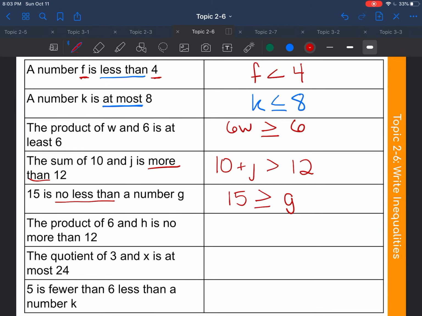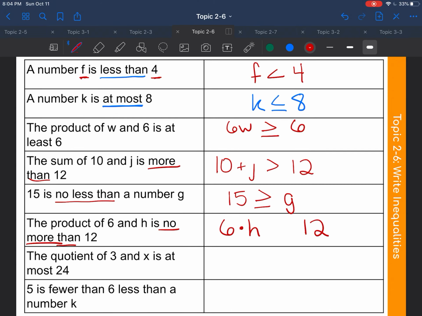Now the next one, the product of 6 and h is no more than 12. So again, product of 6 and h, no more than, I see that phrase there. Product of 6 and h would be 6h smushed together. You can also do the dot if you would like to. And then 12 is on the other side, and now our symbol, no more than.